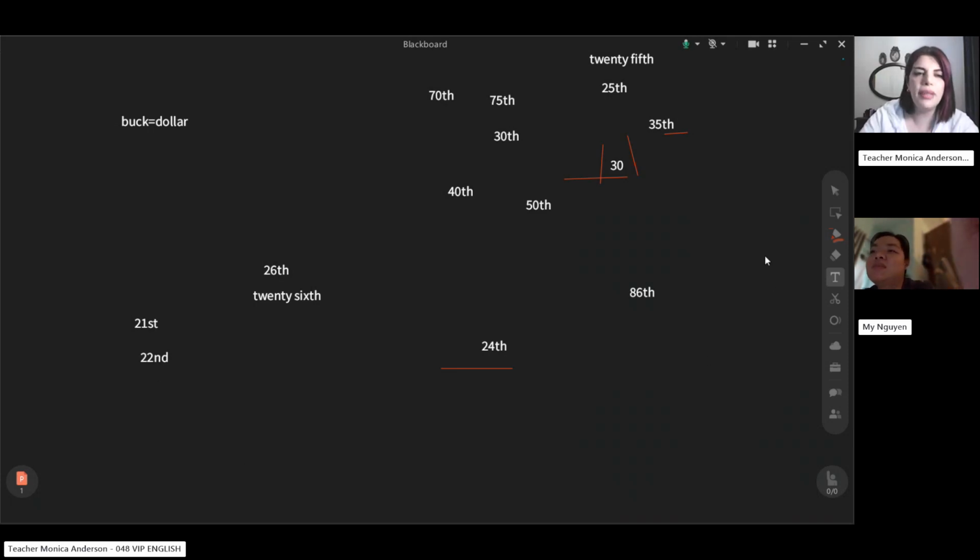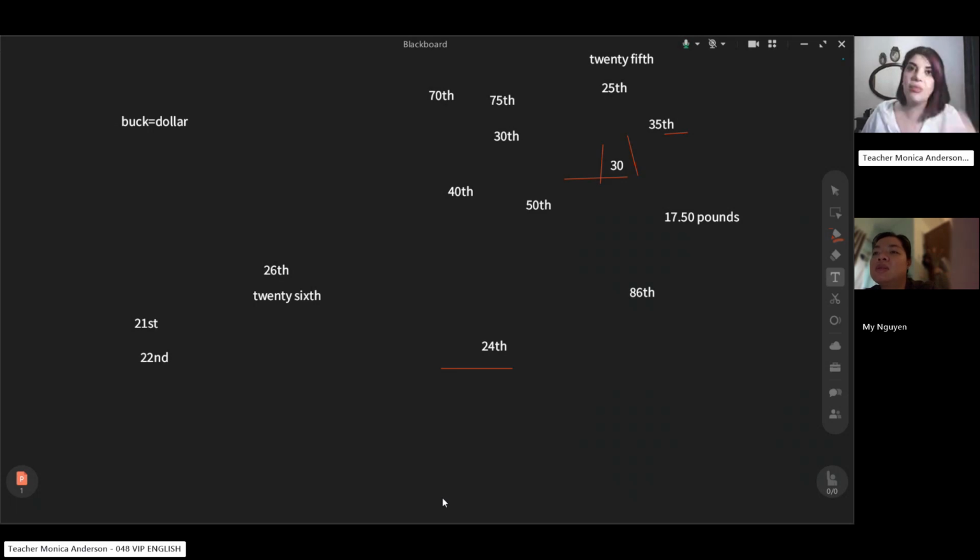For example, how to read this figure? I want to use pounds, not dollars. How to read 17.50 pounds? We have two ways to read this. The first one is 17.50 pounds.